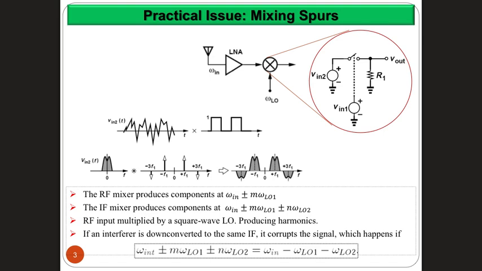Okay? So you also remember that because this signal is controlling a switch rather than being directly multiplied, it becomes as if you are multiplying a squared version of this signal with Vn2.